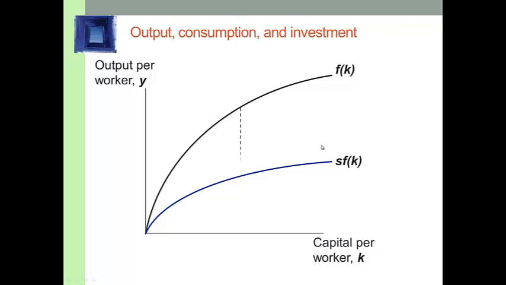And again, output is distributed between consumption and investment. What the graph shows is that as capital stock per worker grows, production increases and consumption and investment also increase.